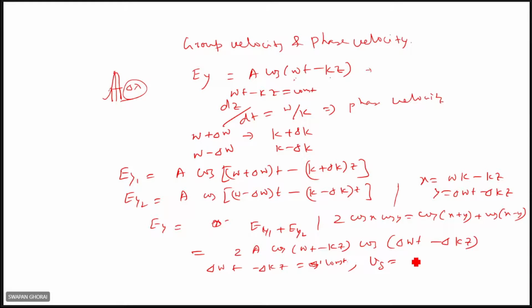That is Δω upon Δk. If Δω is very small, in the limit Δω tends to 0, Δω upon Δk becomes dω upon dk.